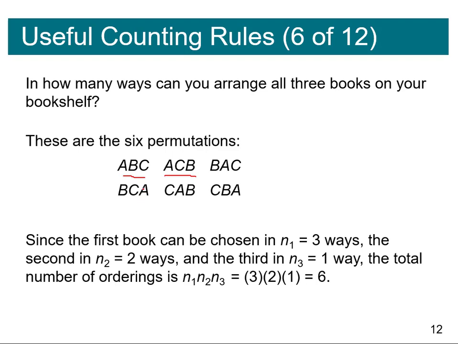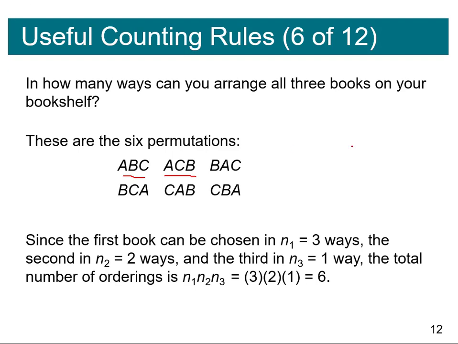So we call them permutations when the order that you place them in is important. There are 6 permutations: ABC, ACB, BAC, BCA, CAB, and CBA.